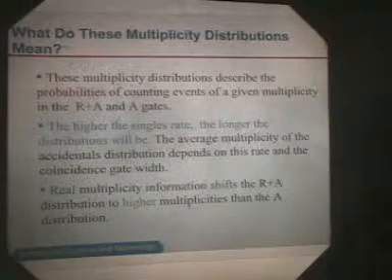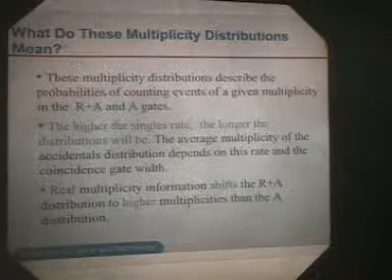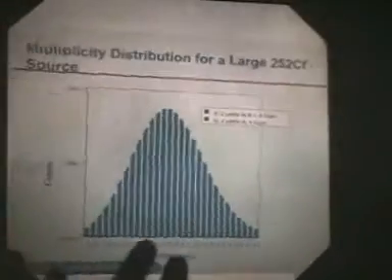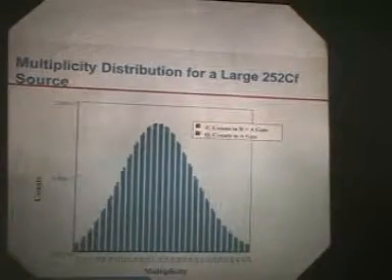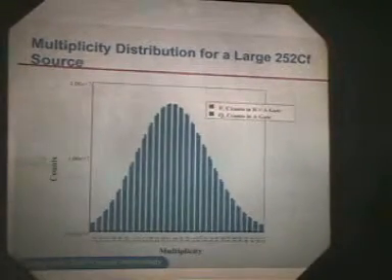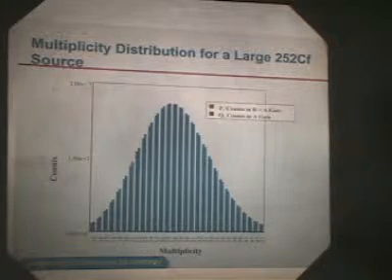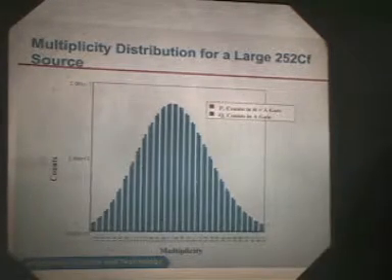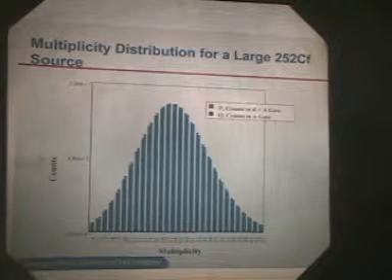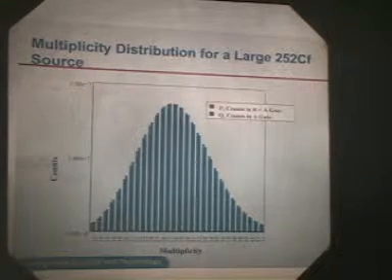Now, just some phenomenological observations. The higher the count rate, the more that this thing will shift out. To explain that conceptually, remember in the coincidence lecture when we talked about the accidentals totals correlation, the fact that the accidentals rate for coincidence counting was G times the totals rate squared.